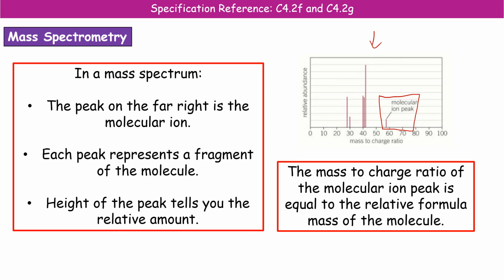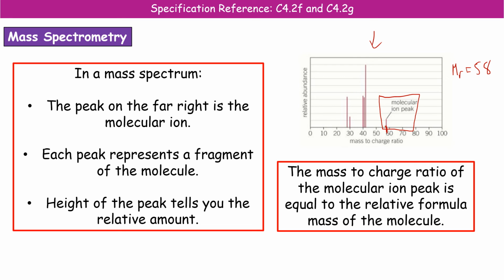And if you read off on your x-axis here what the mass to charge ratio is, that gives you the actual relative formula mass of the whole molecule. So in this case, it looks like it's about 58. So we would know that our mass is 58 for that particular molecule.